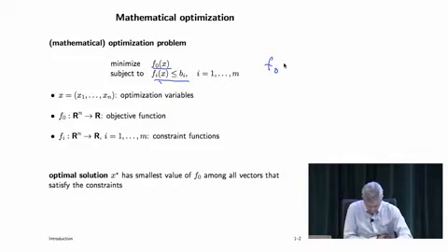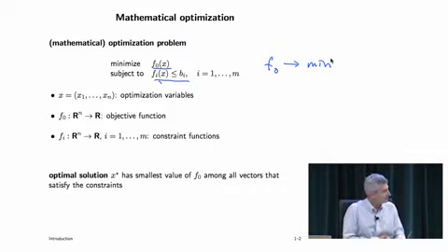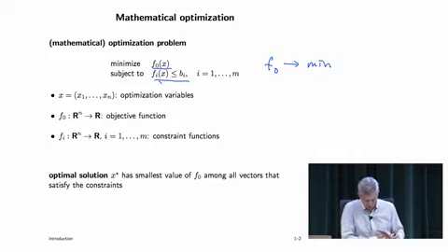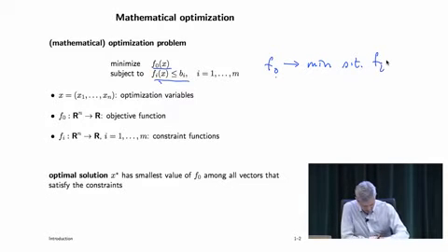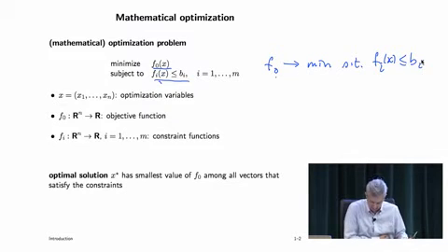You'd write F0 arrow min, and then ST doesn't mean such that, it means in this case subject to, and then you'd write Fi of x is less than Bi. So you'll see other notations for it.